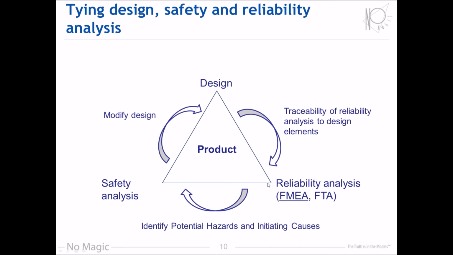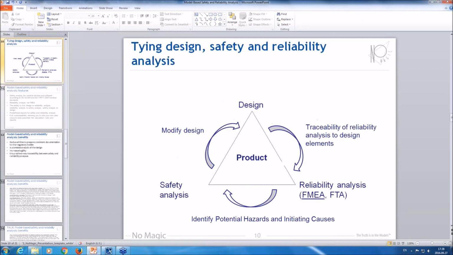And this reliability analysis may imply additional safety analysis, which will introduce new design elements, and you loop the cycle again and again. These are very nice things that you can do, and if you do it in a single tool, which is basically a model-based systems engineering toolkit, you get a lot of benefits from that.